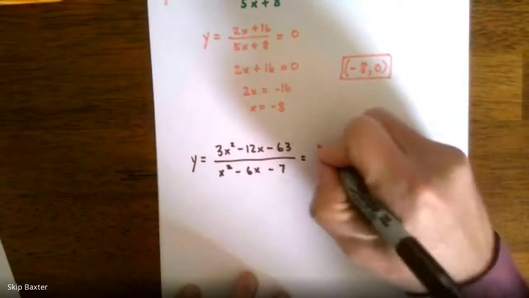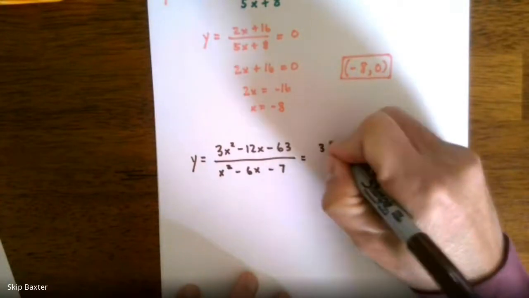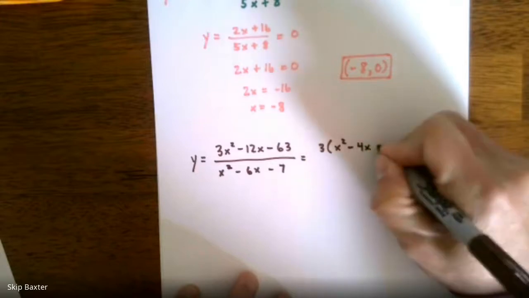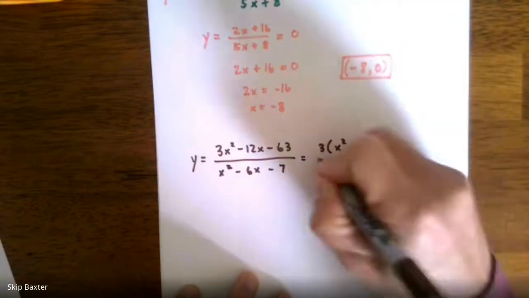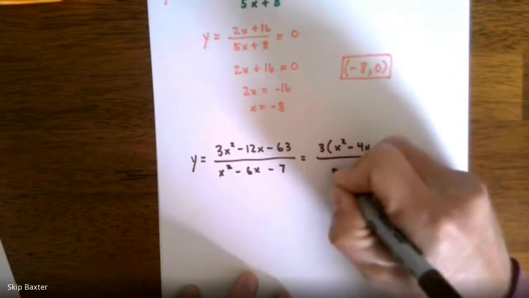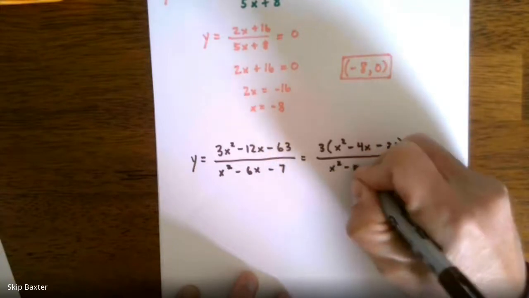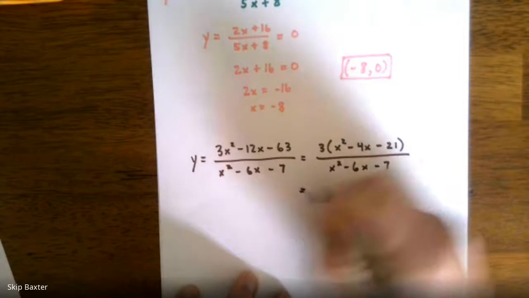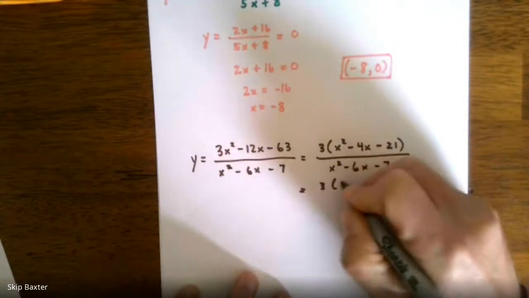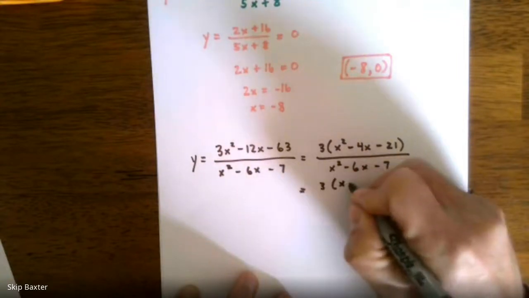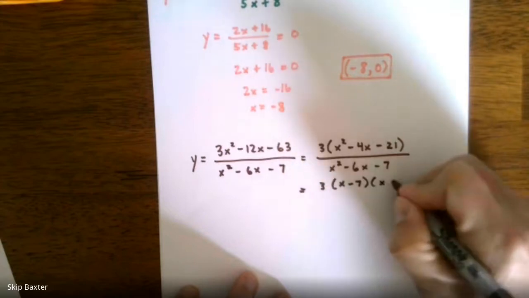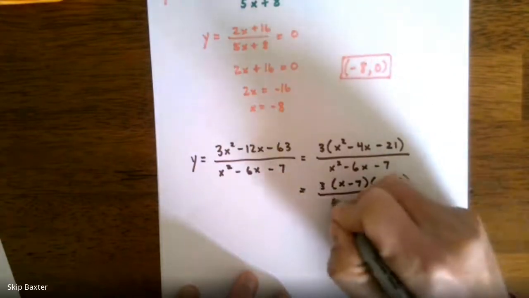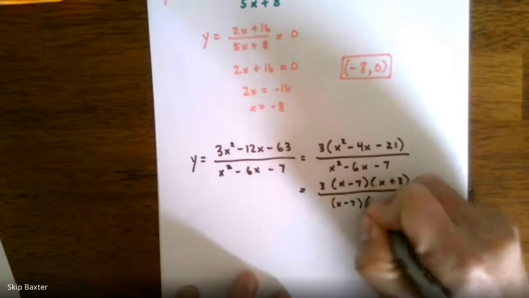The top factors, there's a common factor of 3, and then you have x squared minus 4x minus 21. The bottom factors too, but I'll factor it when I factor this trinomial at the same time. So the top we have 3 times x minus 7 times x plus 3. In the bottom, I have x minus 7 times x plus 1.